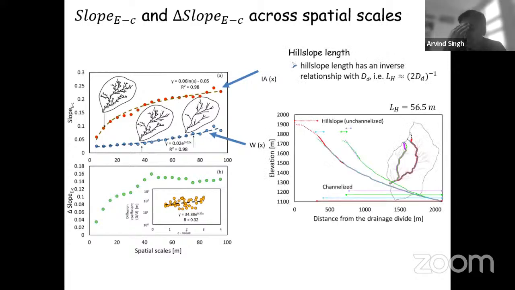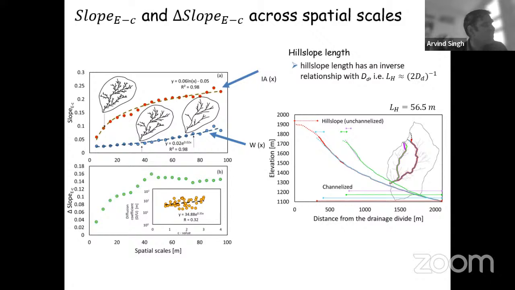From an independent analysis of hill slope length, we computed the hill slope length for all these basins, and we observed that the average hill slope length, which is the inverse of the drainage density, is on the order of 55 or 56 meters, which indeed emphasizes that the hill slopes contribute to more complexity, and it increases as we move towards the average hill slope length, and it saturates.